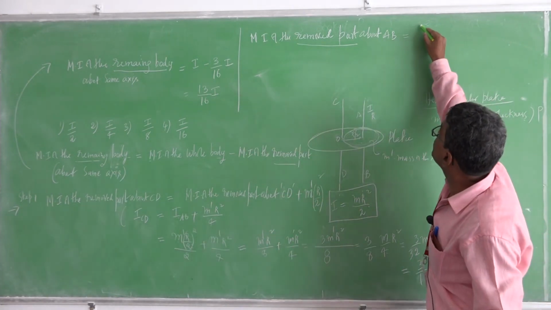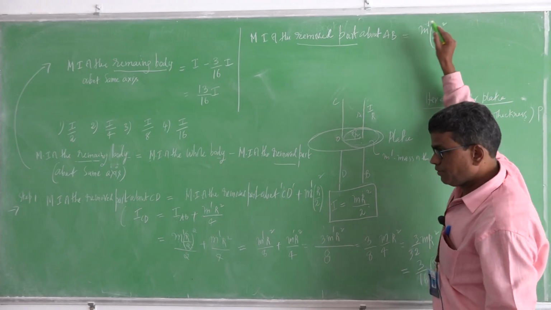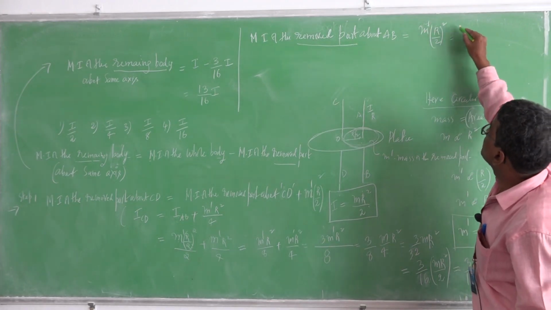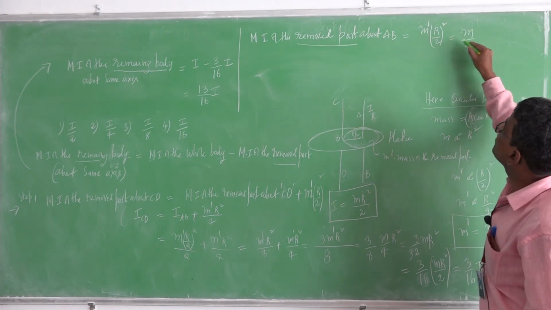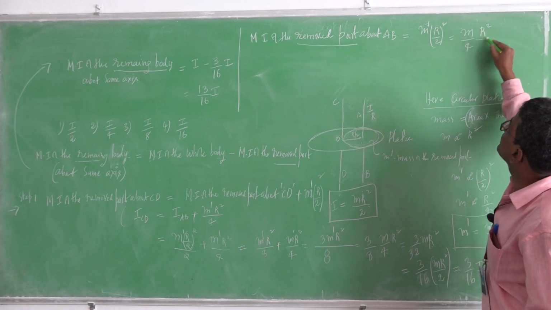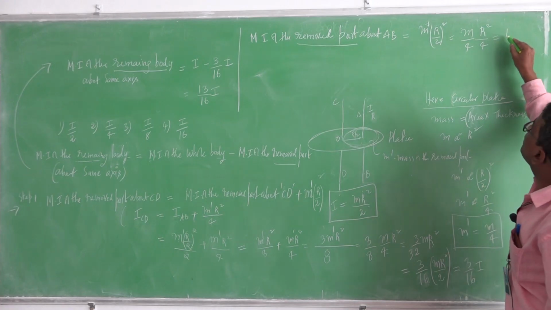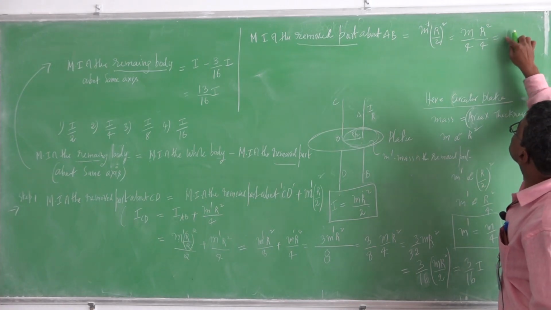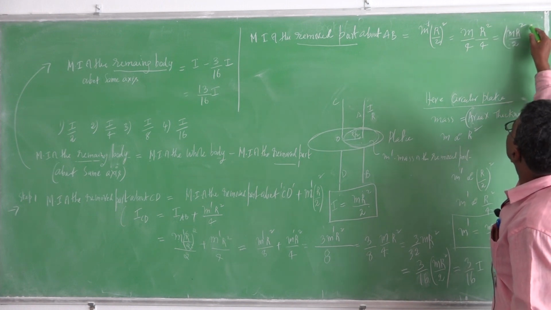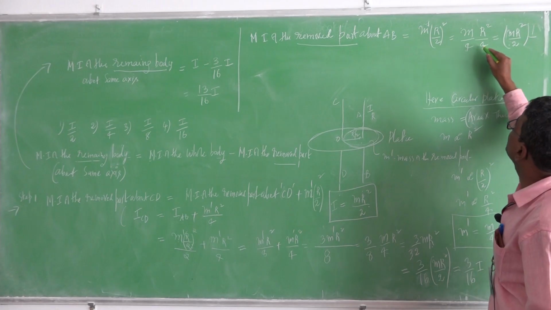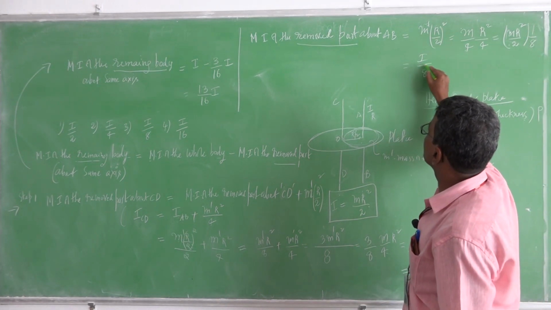So that is m dash into r by 2 whole square. What is m dash? m dash is m by 4, into r square by 4. So you will get this as half of m r square by 2, because I am going to write I, into 1 by 4 into 4, 16, so I by 8.